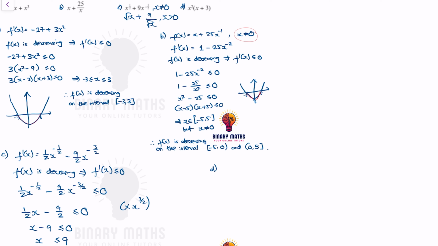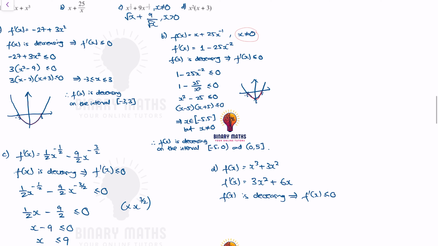So d, if I expand it, I get x cubed plus 3x squared. So f dash of x is equal to 3x squared plus 6x. F of x is decreasing, implies f dash of x is less than or equal to 0, which means 3x squared plus 6x is less than or equal to 0, which means 3x times x plus 2 is less than or equal to 0.